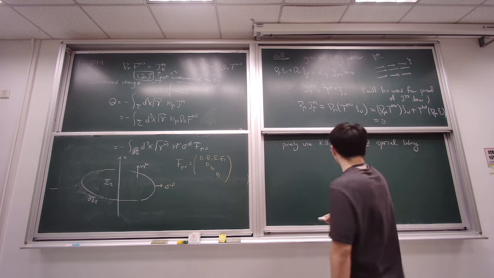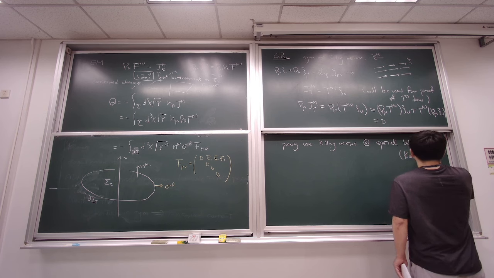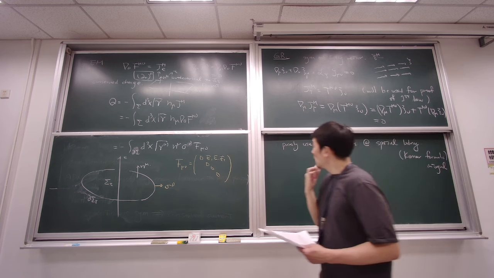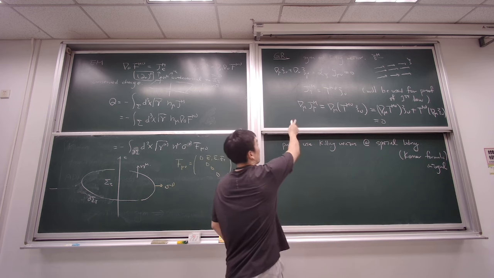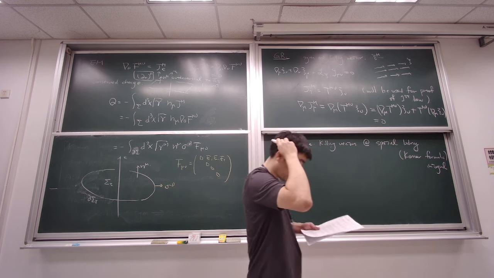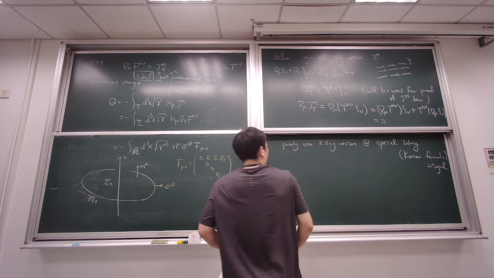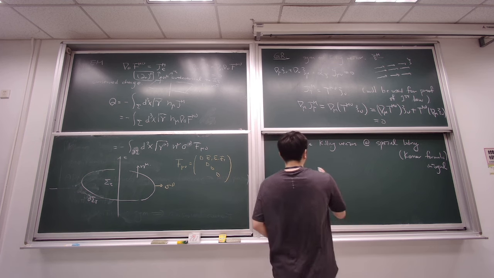So that is called the Komar formula or integral. Okay, so that's another method. So this is one method to construct the conserved current, and the other method is to use the Killing vector at the spatial boundary, but a bit ad hoc.